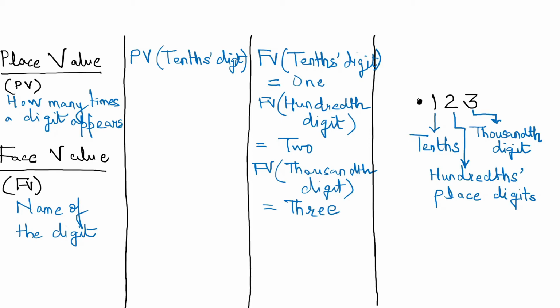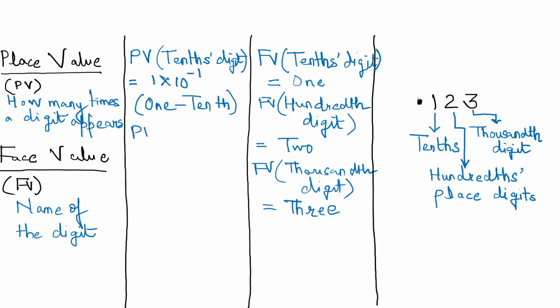But when you are talking about the place value of the 10th digit, we know that the place value is how many times a digit appears in that place. So in this case, it will be 1 into 10 to the power minus 1, which will be known as 1/10. This is the number name for it.